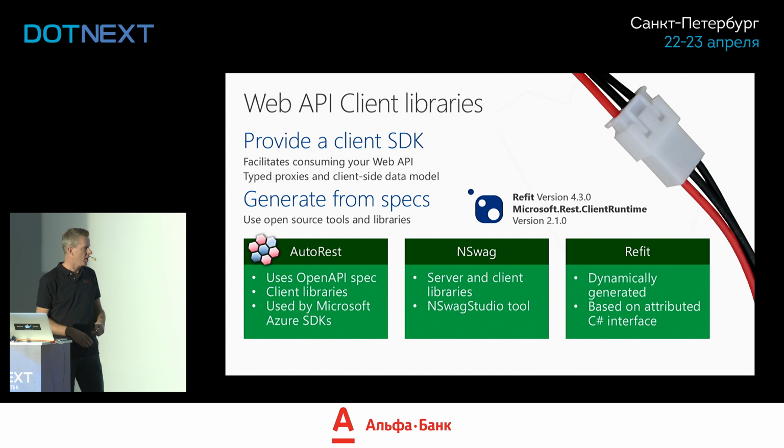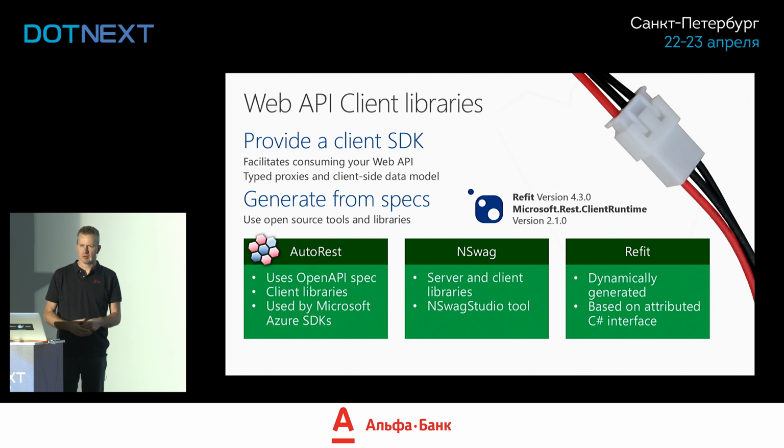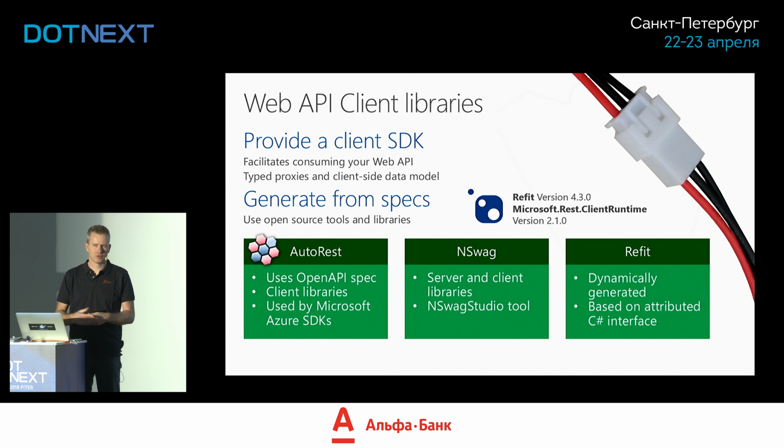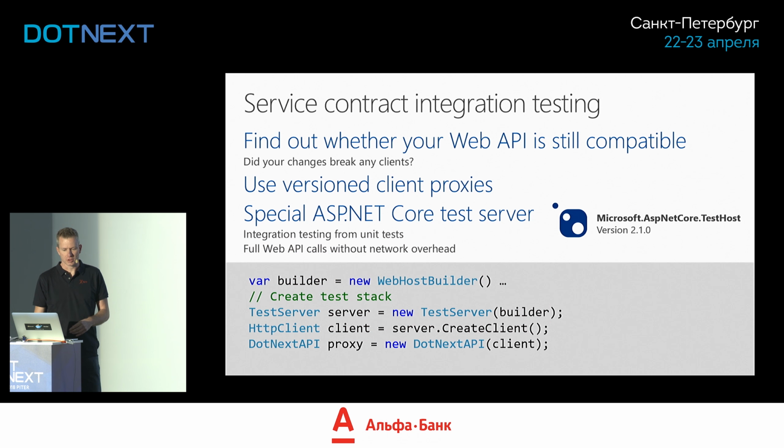But with OpenAPI, there's a bunch of tools, and I've listed AutoRest and NSwag, where you can generate most of it. AutoRest is used by Microsoft for all of their Azure SDKs. And it's a really rich, extensible library. NSwag has also something like NSwag Studio to generate clients from even compiled assemblies. But there's an abundance of choice.